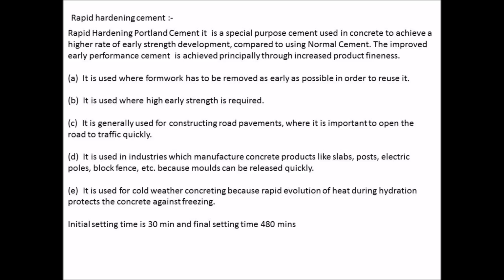Second, it is used where high early strength is required. Third, it is generally used for constructing road pavements where it is important to open the road to traffic. It is also used in industries which manufacture precast concrete members.